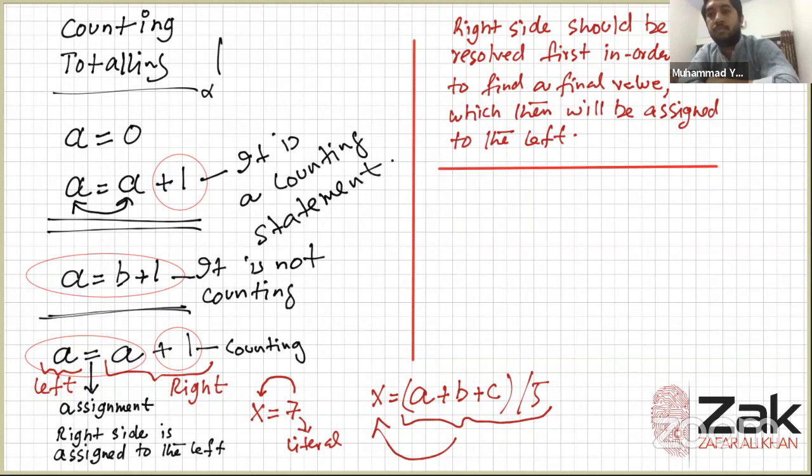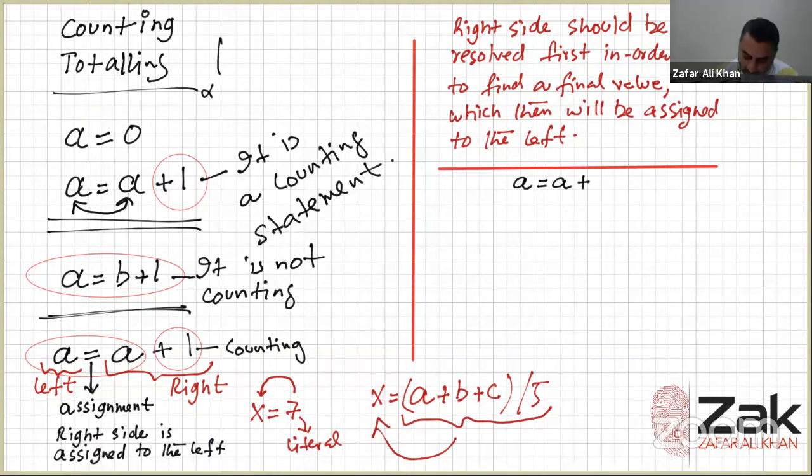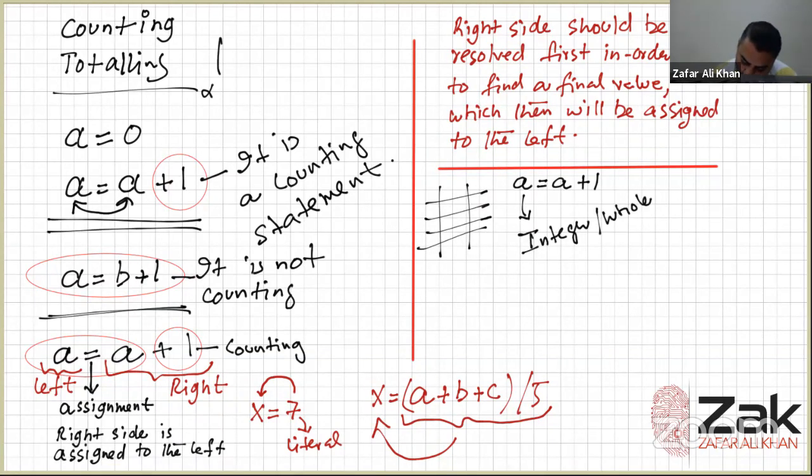Now, let's get back to the counting statement. It says A is equal to A plus 1. Now you need to understand that in the computer's memory, A as an integer, or a whole number, is taking some space.